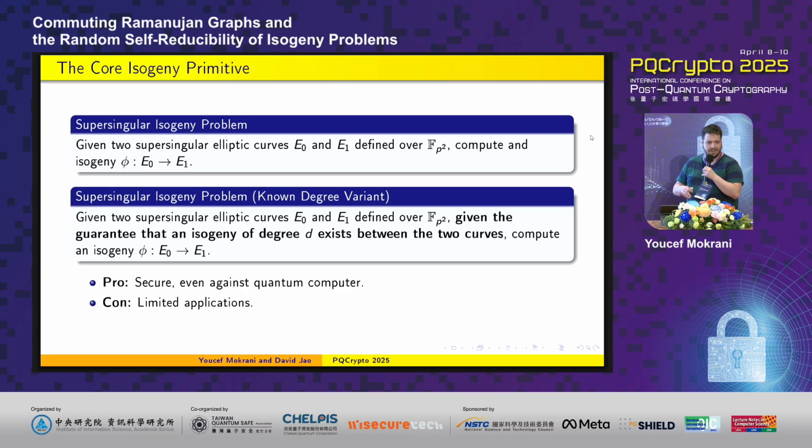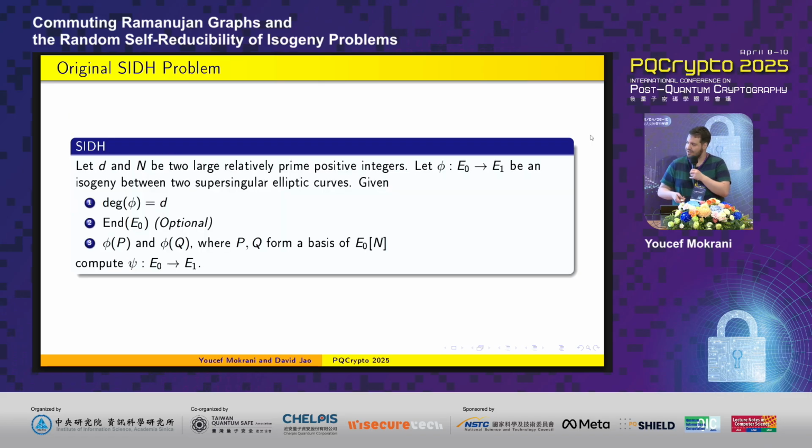However, if you don't leak any more information than this, it's pretty hard to find applications. So you have to leak something else. And historically, what has been done is SIDH, where in addition to leaking the degree, the starting curve, and the image curve, usually it's not actually forced, but usually those schemes will leak the endomorphism ring of the starting curve just because it's easier to do so.